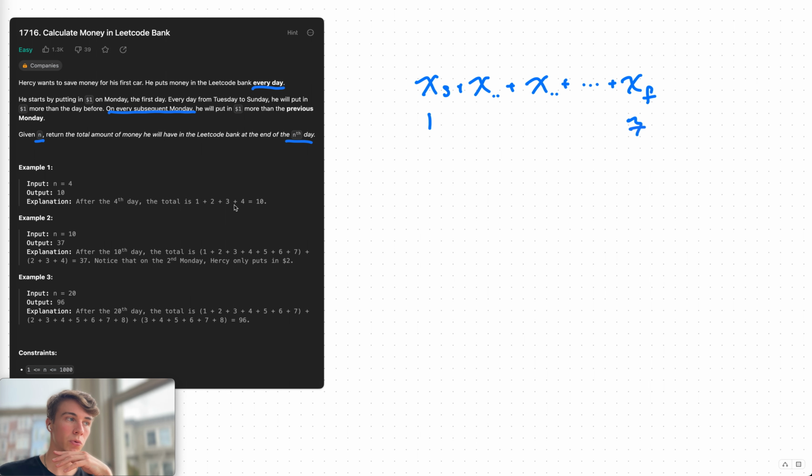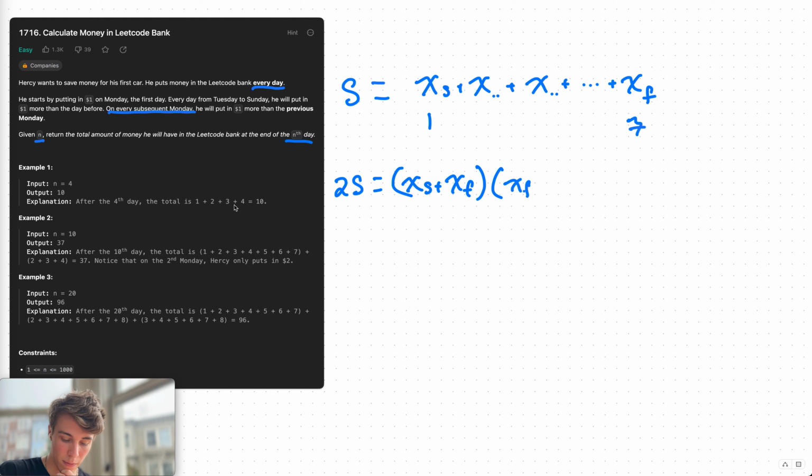So what if I wanted to figure out what the arithmetic sum for a week is? I would say that the sum is s, and 2s is equal to xs plus xf times, actually, xf minus xs, because xf minus xs is the number of times that x appears here.